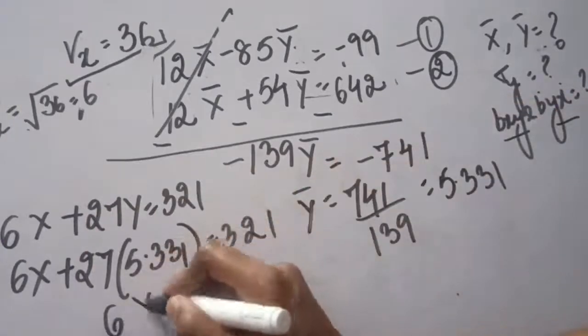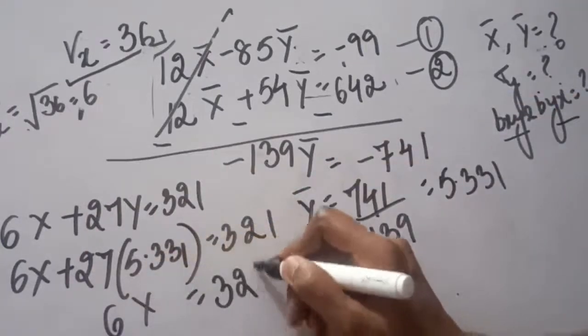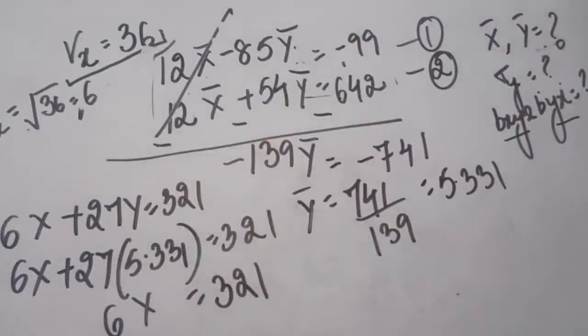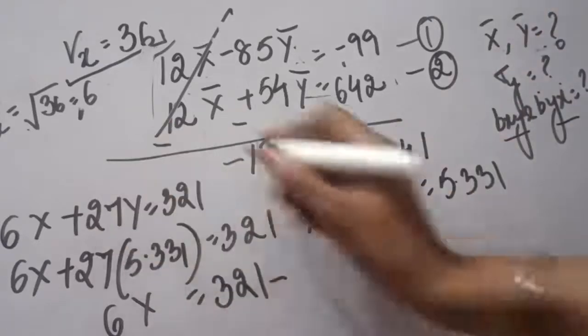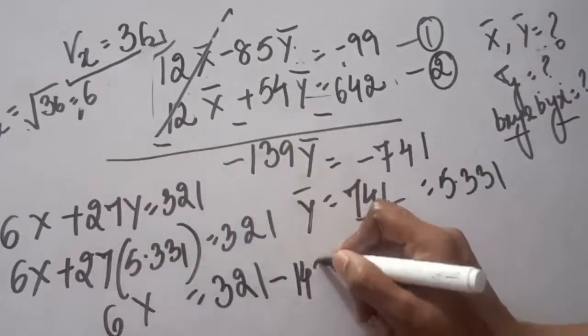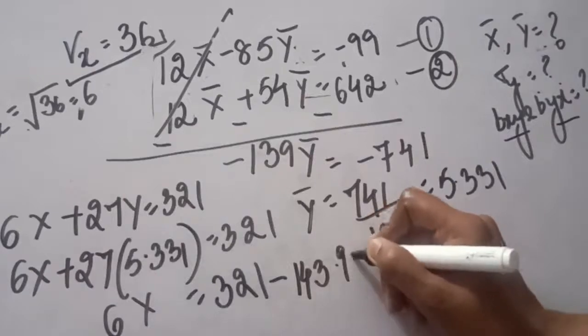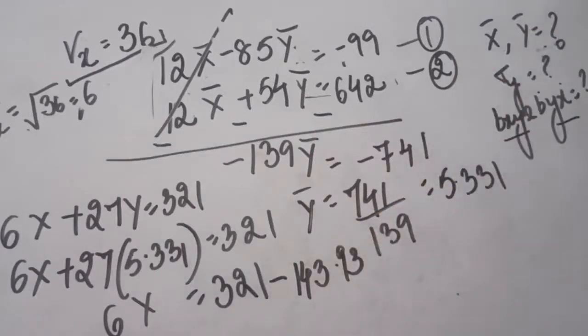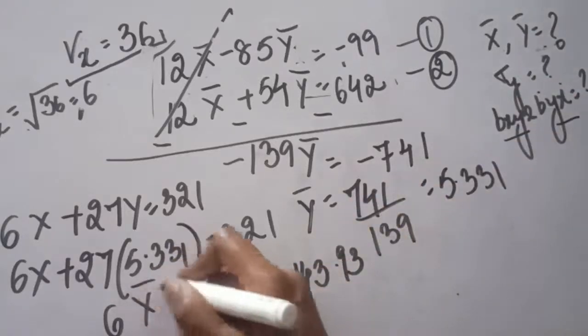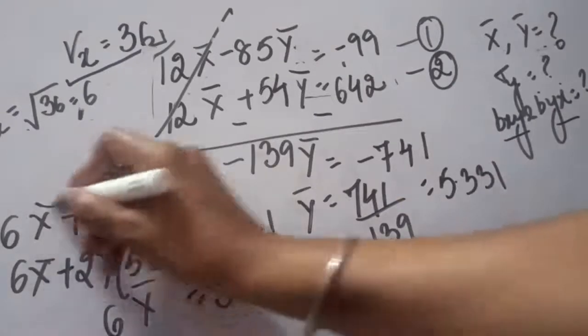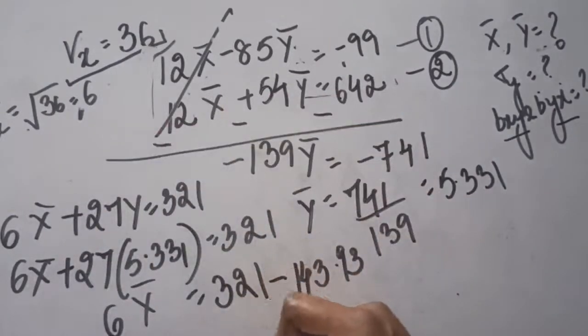Now 6x equals 321 minus 27 times 5.331, which is 143.937. Deducting it from 321, it will be 177 something. So finally you will get the value of x mean. So x mean is 29.51.